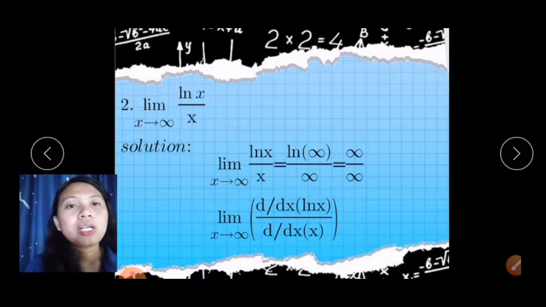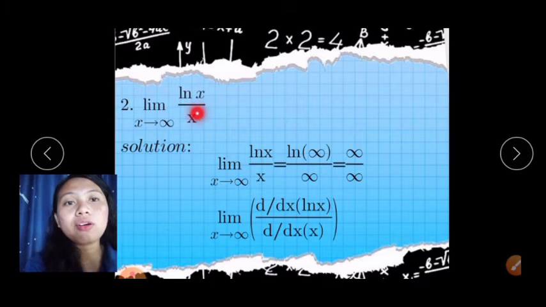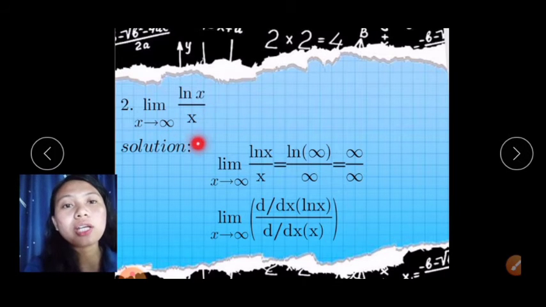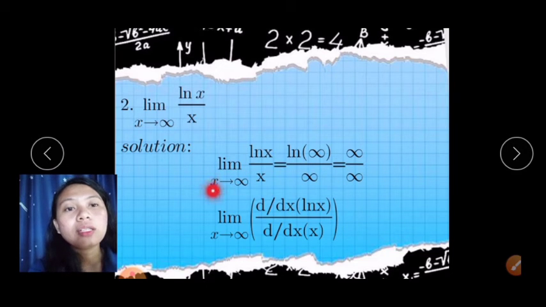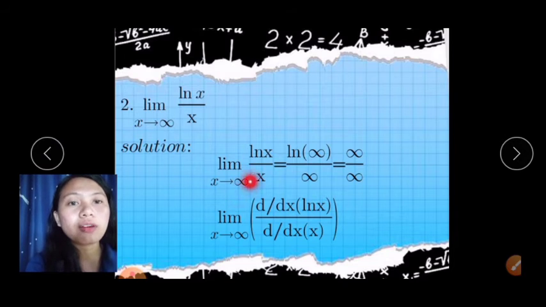Number 2. Limit as x approaches infinity of ln x over x. So our solution here, we have limit as x approaches infinity of ln x over x equals ln infinity over infinity, which is equal to infinity over infinity.